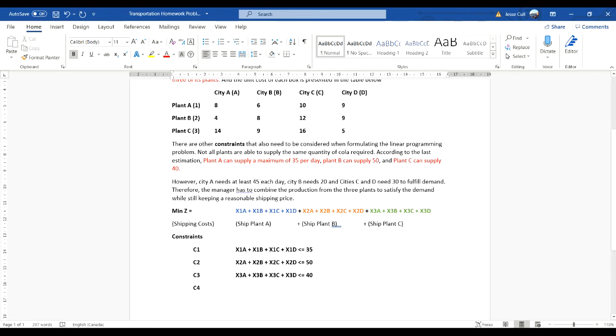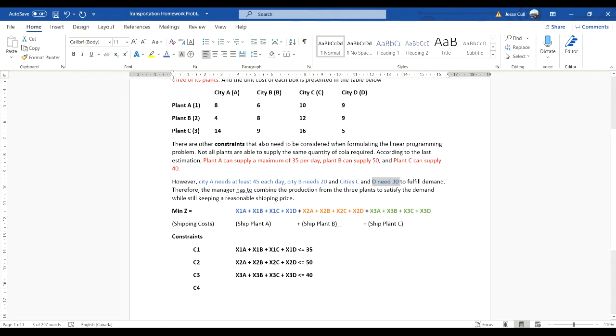We see here our requirements. City A needs at least 45 each day. City B needs 20. Cities C and D need 30 to fulfill demand.